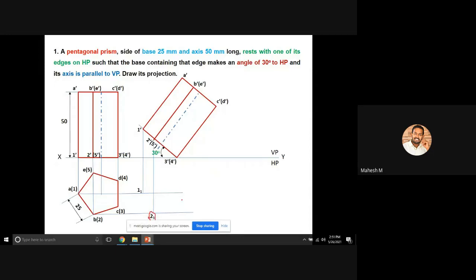Similarly, you'll have a horizontal line and a vertical line for point 3, and that intersection can be marked as 3 1. Project a horizontal line and a vertical line from point 4, which is marked as 4 1. Then project the fifth point, which can be marked as 5 1.